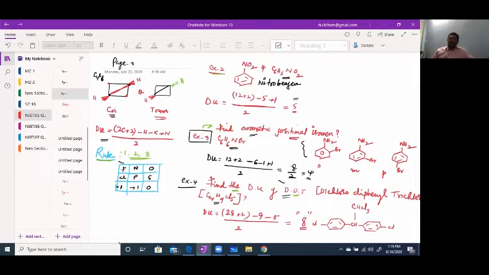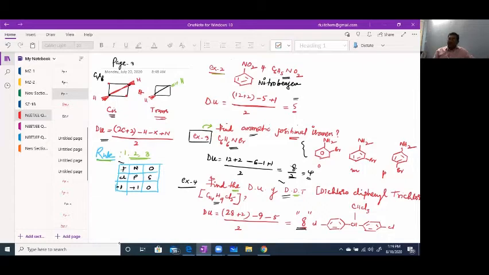Okay, children, you're getting me. For DDT, 28 plus 2 is done with carbon, 9 is subtracted for hydrogens, and 5 is subtracted for chlorine. You get its degree of unsaturation as 8. It's a good question that has reflected many times in NEET and JEE.